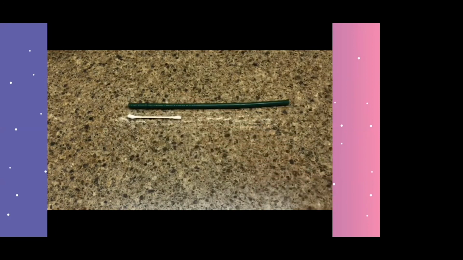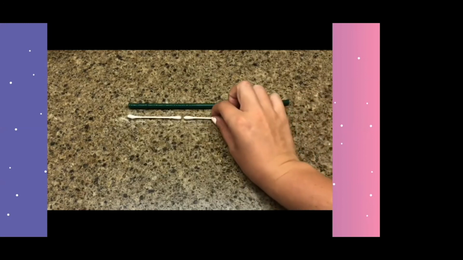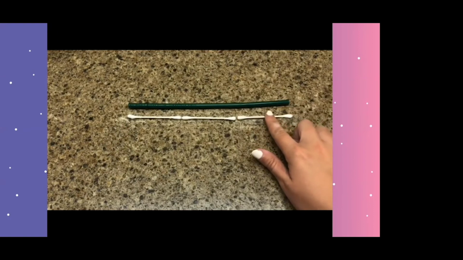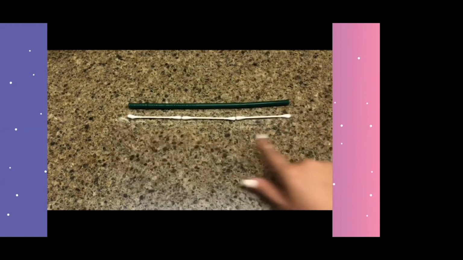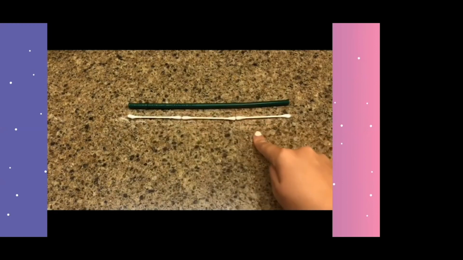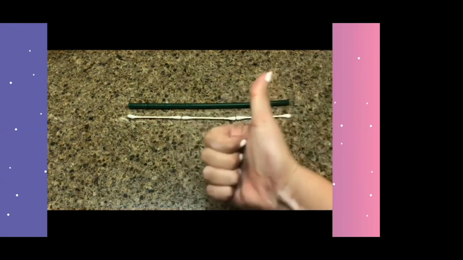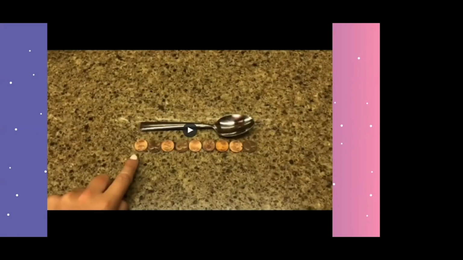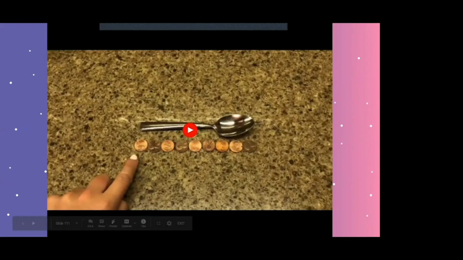And then we have 1, 2, 3. And look at that, endpoint to endpoint. That looks perfect. So it took 1, 2, 3 Q-tips to measure this straw. Nice job. All right, so let's get back to work. All right, nice job. So let me come back.